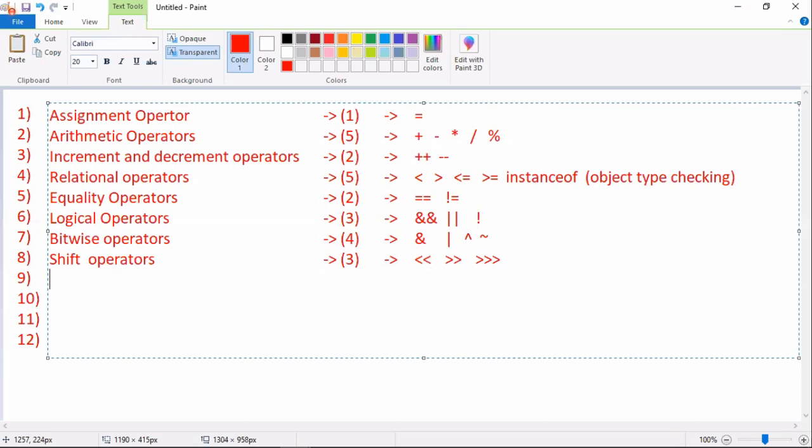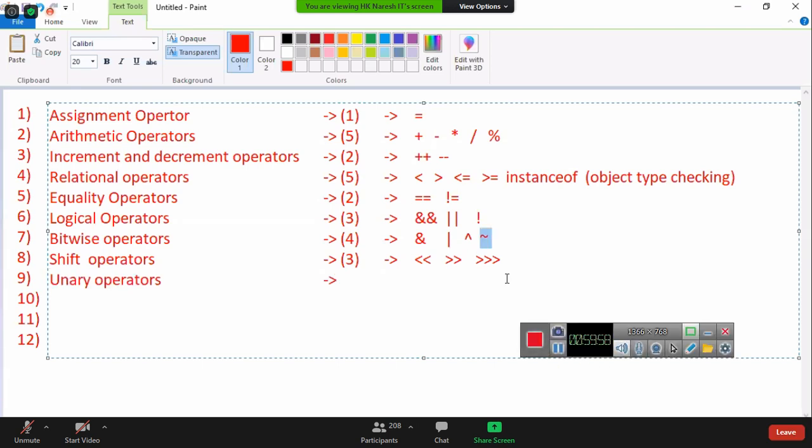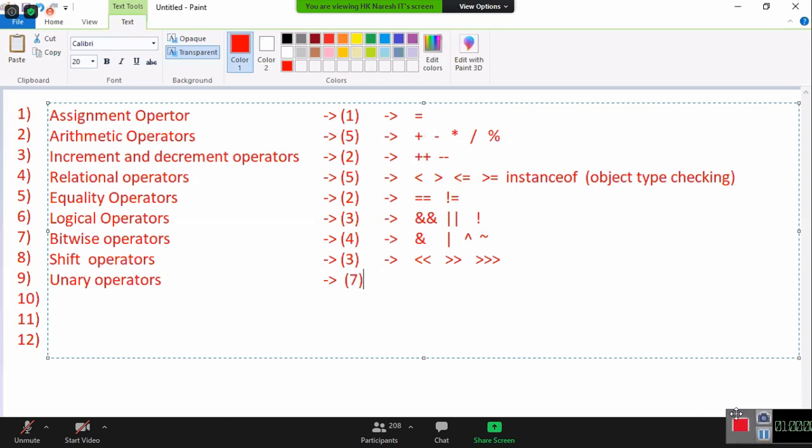Then next, after shift operators, what are the next operators? Now totally we have seven. What are the seven?